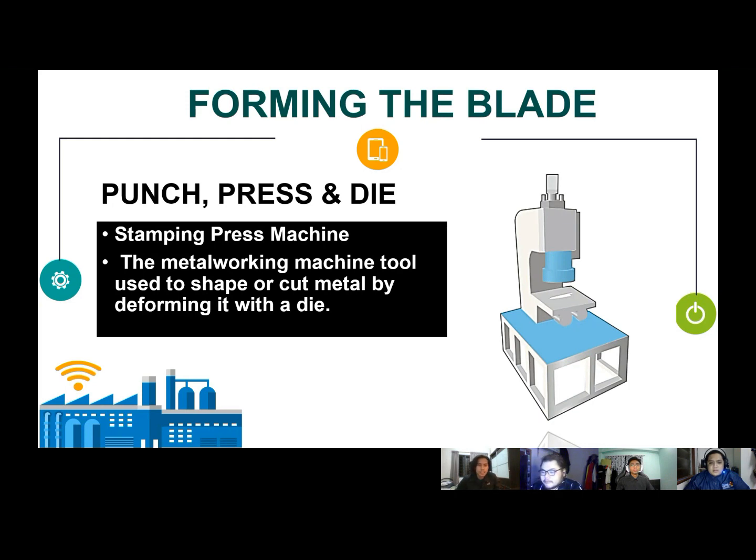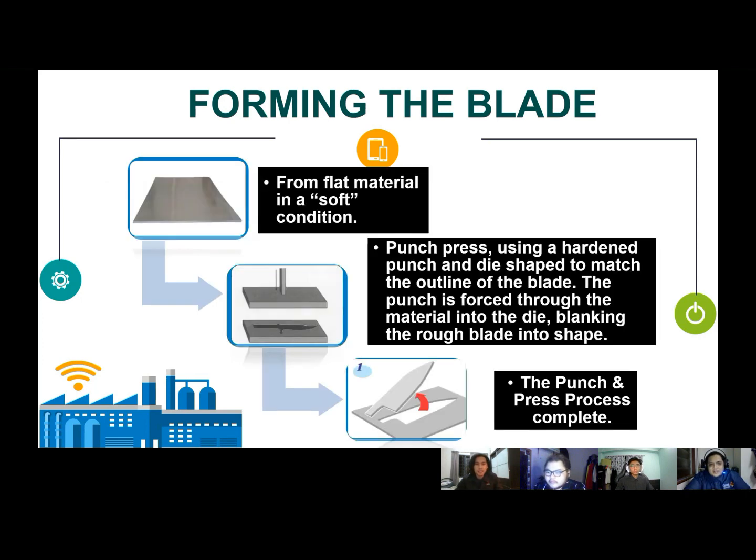So what is the stamping press machine? The stamping press machine is the machine that is used to shape or cut the metal by deforming it with a die. The material comes from flat material in a soft condition, and then we put the material in between the punch press and the die.